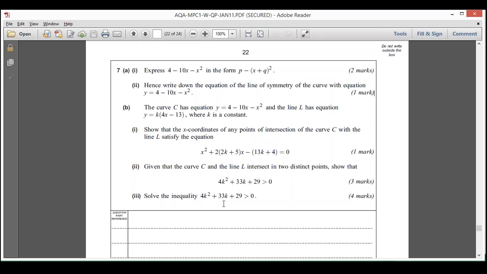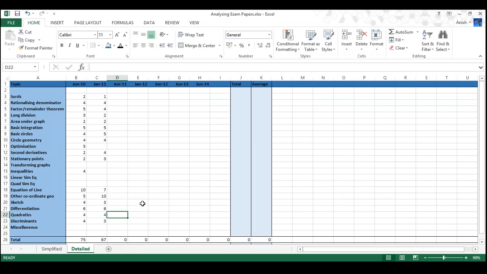Well, the 1 mark ones are the worst. Given that they intersect, show this. So given that they intersect, so that's basically using this, and you're going to use the discriminant here. So that's 3 marks, and then solve the inequality, 4 marks. So discriminant, 3 marks. So that makes that into 6, and inequalities goes 4.